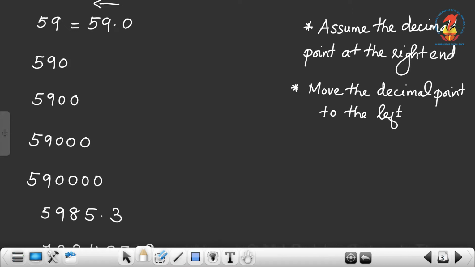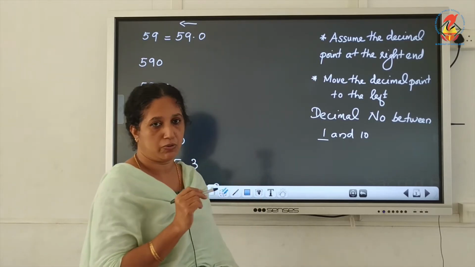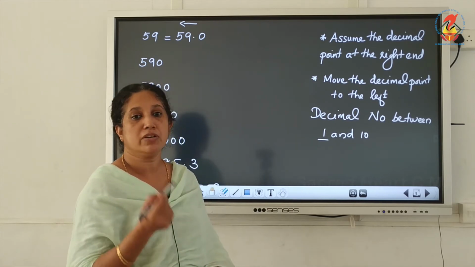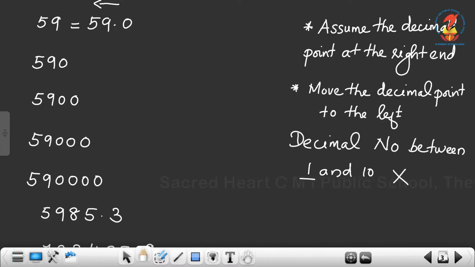After moving, you have to get a decimal number between 1 and 10, which includes 1 also, multiplied with the powers of 10.